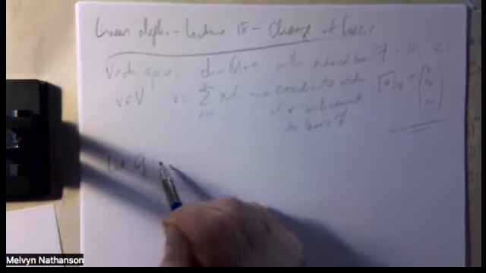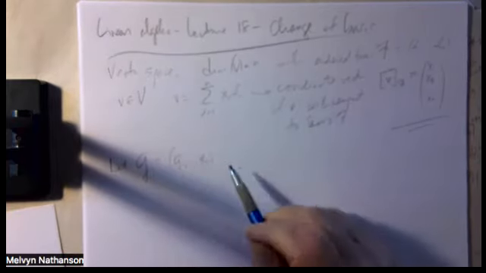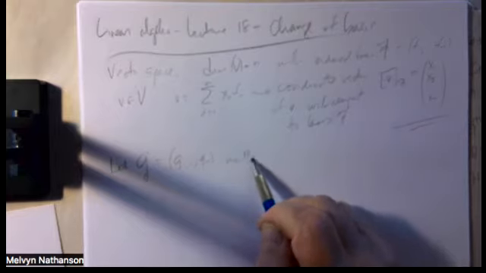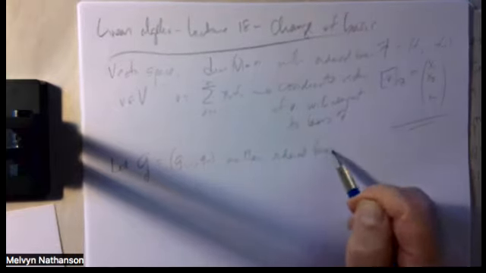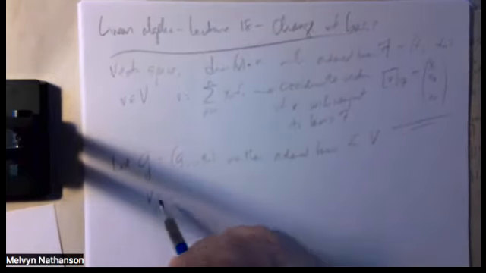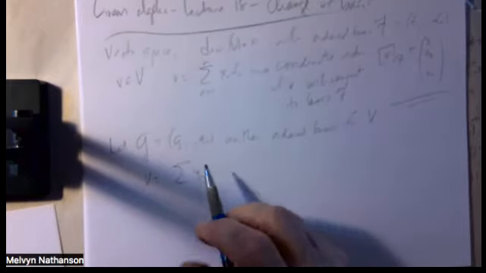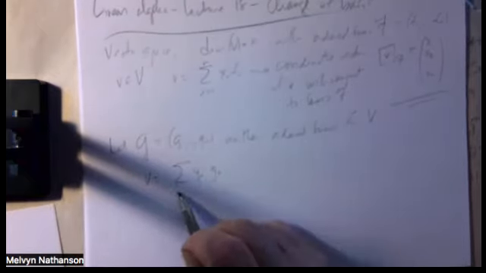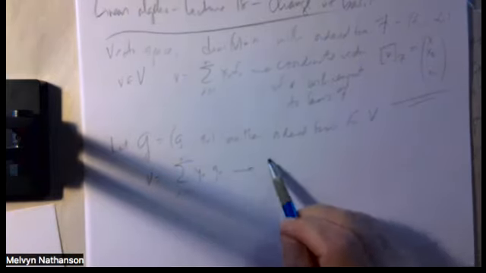And suppose we have a second basis, G1 up to Gn, another ordered basis for V. So we can write the vector v again as a unique linear combination of the vectors in this basis.